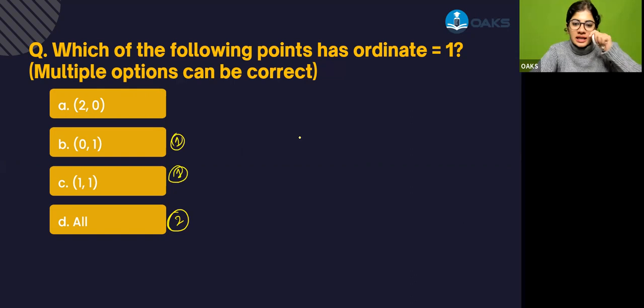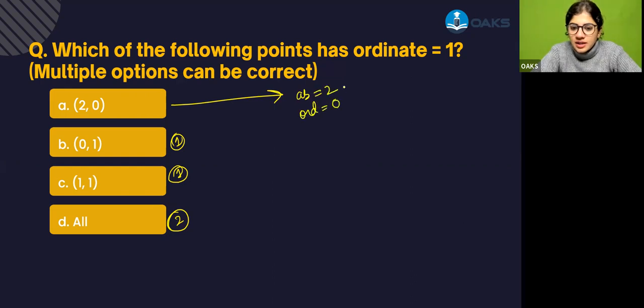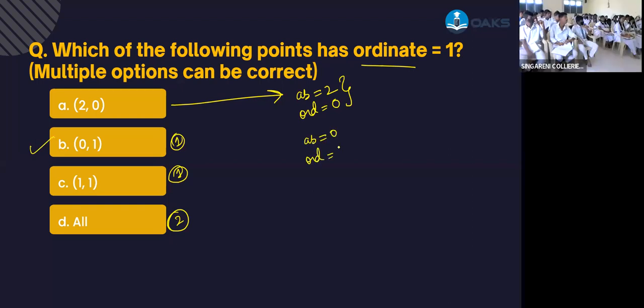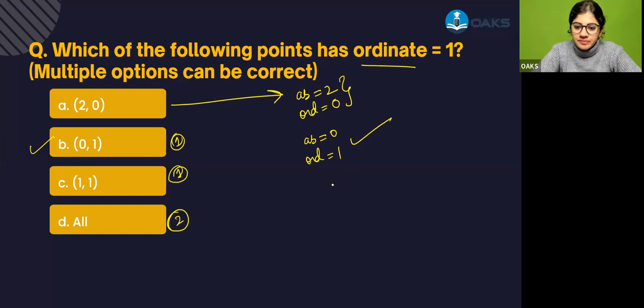Thank you so much. So, in the first point, kindly school 2 listen. Abscissa is equal to 2 and ordinate is equal to 0. I was asking ordinate is equal to 1, right? In B, I have abscissa equal to 0 and ordinate equal to 1. This is my point.